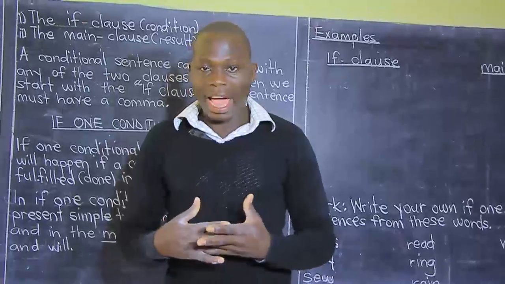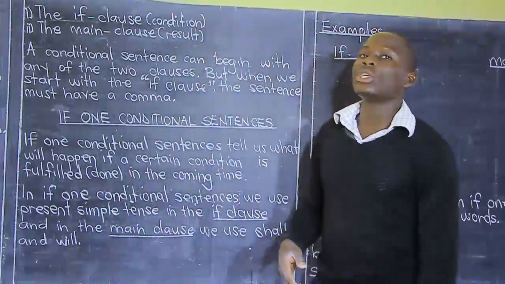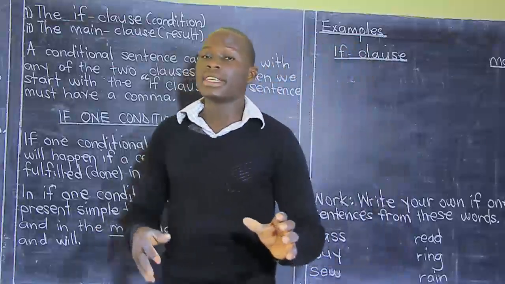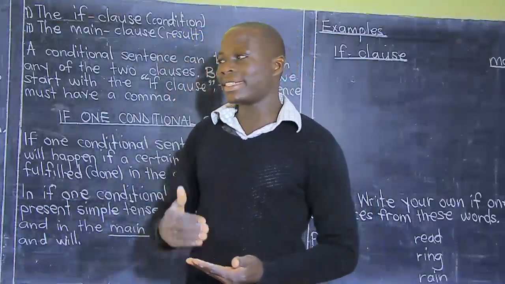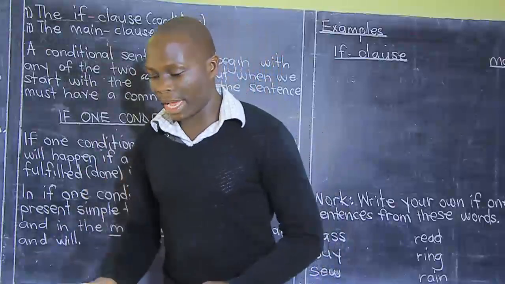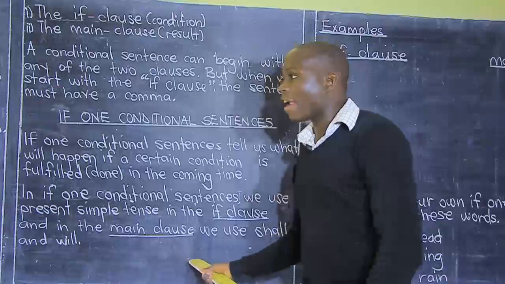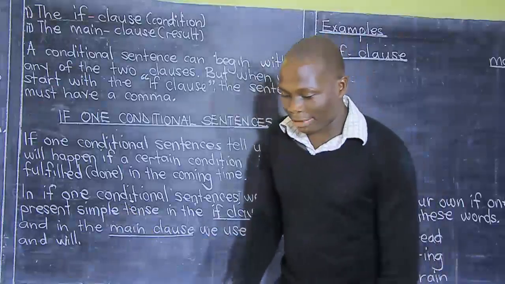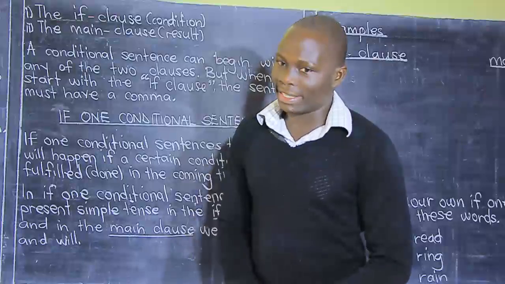Now here, how do we use the future simple tense? We are basically guided by these two helping verbs, shall and will, which are used to express actions in the future.